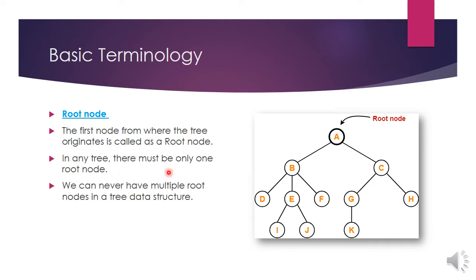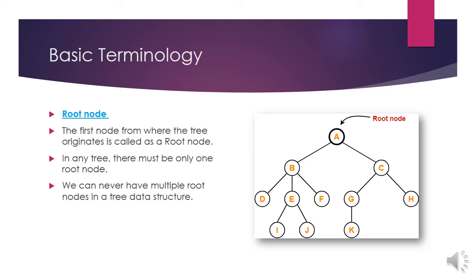If we have a tree, it is mandatory that there is only one root node. In a tree data structure we can never have multiple root nodes, so there is no possibility of multiple root nodes.